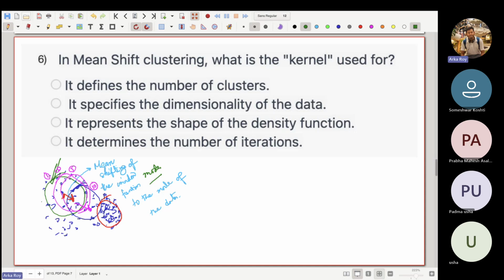This window is also referred to as the kernel of the distribution. And how do you evaluate the parameters of the distribution? Through the Parzen window technique.